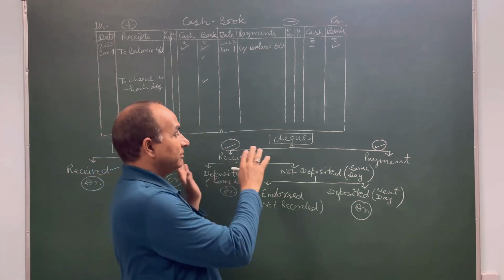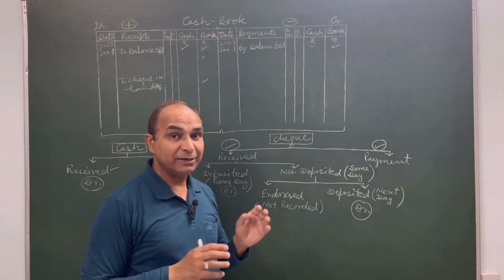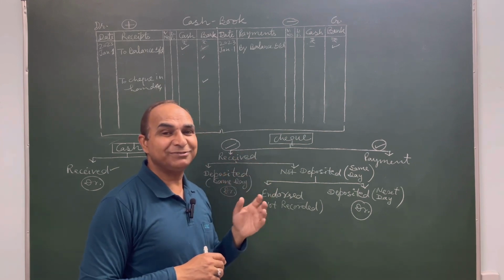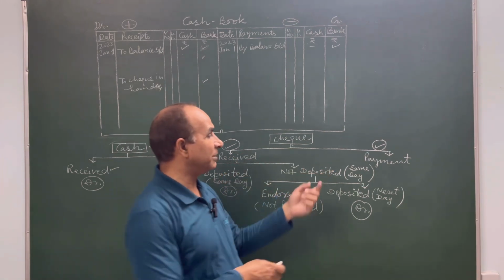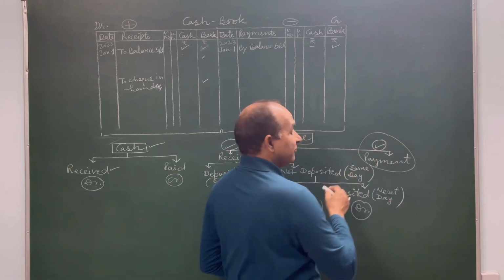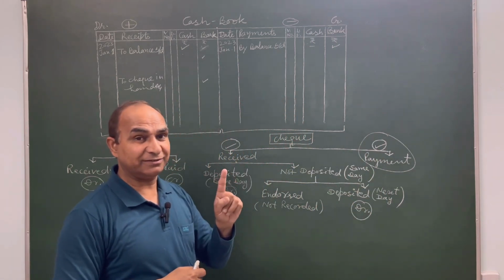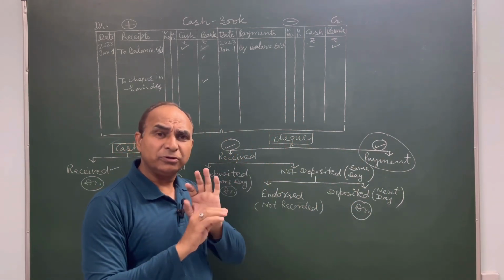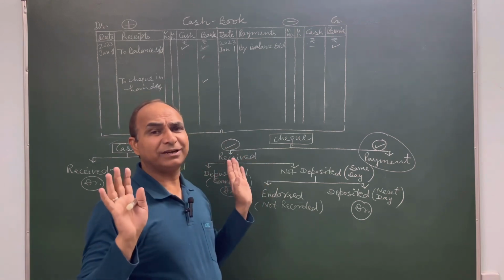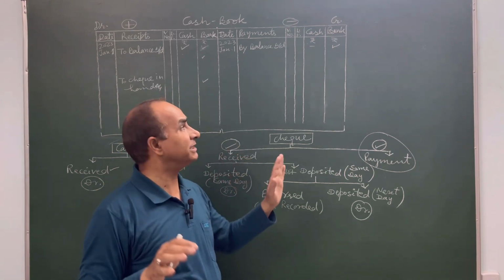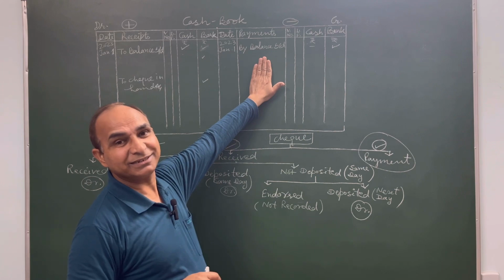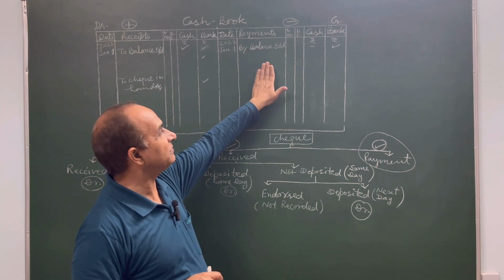Now this is about the treatment of checks when an amount is received with the help of a check. Now what about payments? See, when we make payment to someone by check, it is a simple rule, no more focus is required. Whenever any payment is made by check, that is recorded on the credit side by writing the name of the account.